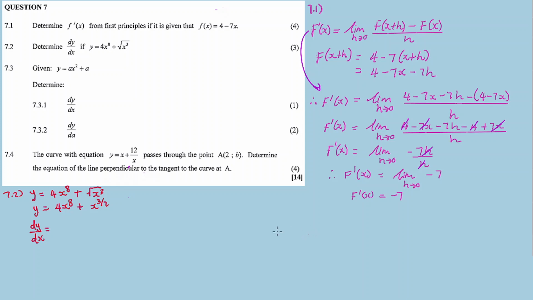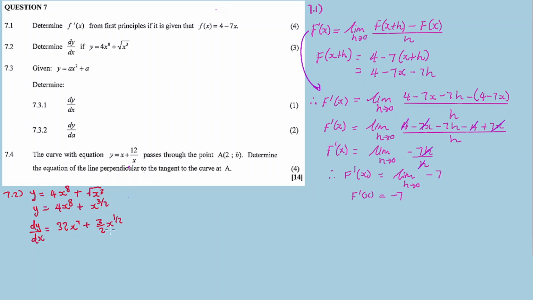Now I can find the derivative. 4 times 8 is 32, and then 8 minus 1 is 7, plus 3 over 2 times 1 is 3 over 2, and then 3 over 2 minus 1 is what? It is 1 over 2.